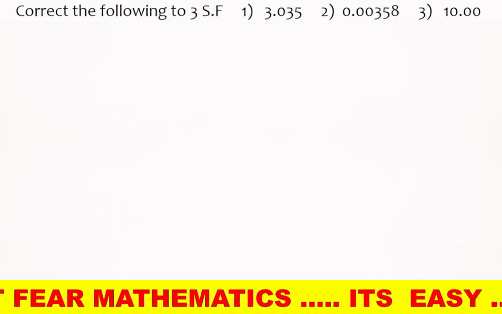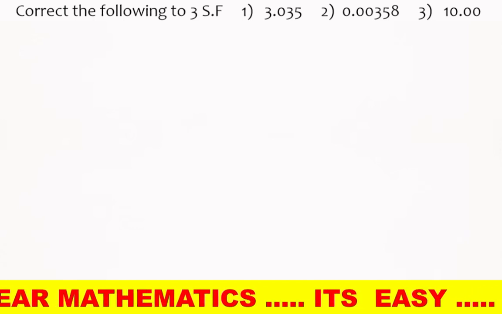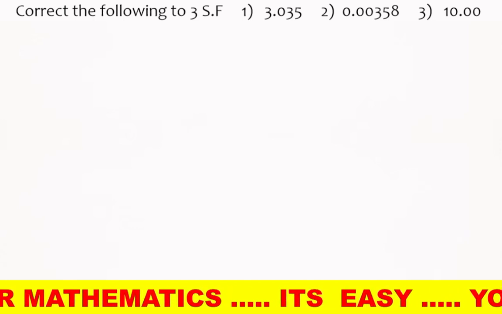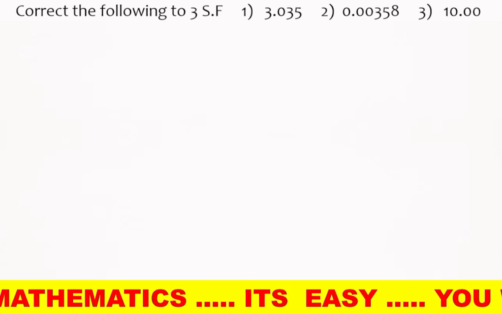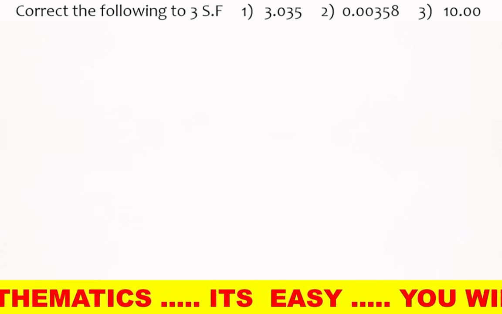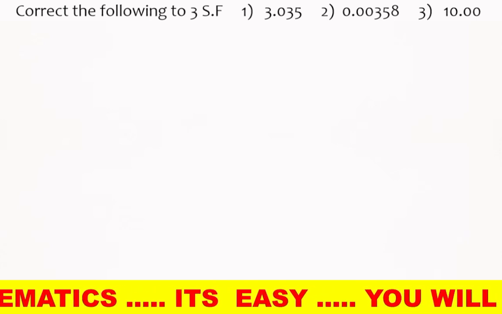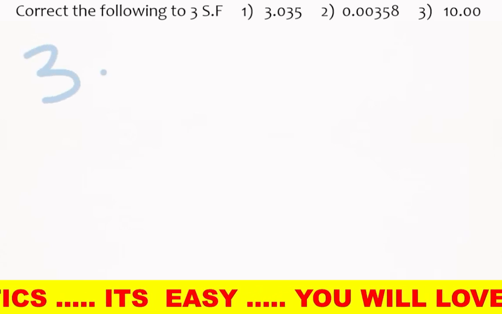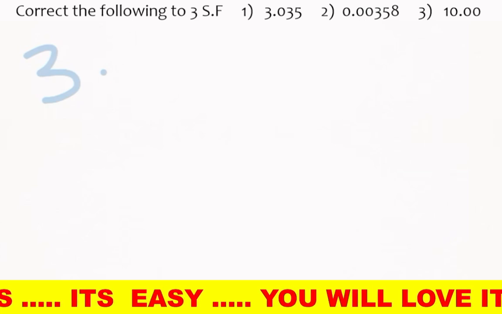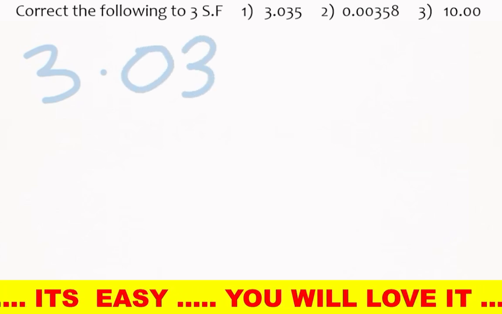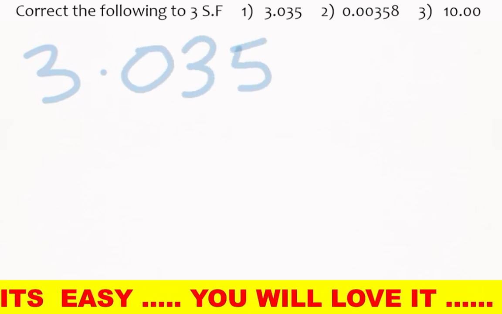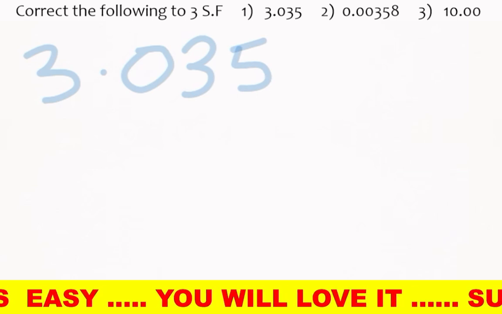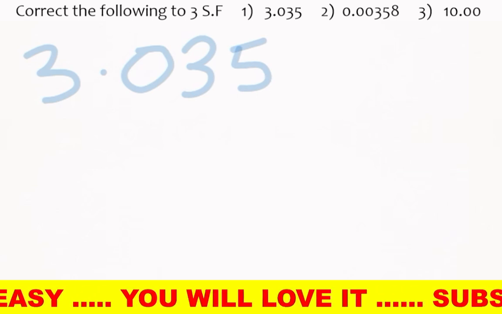Alright, so let's take our first example. We are converting 3.035 to three significant figures. So 3.035, we are correcting to three significant figures.